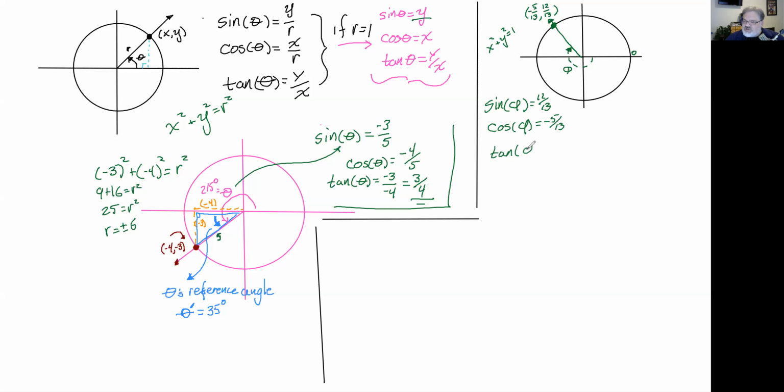The tangent will be a little bit more fun here because the tangent's going to be that y over x, so 12/13 over negative 5/13. But the nice thing, multiply by 13 over 13, that's going to naturally reduce to 12 over negative 5, or negative 12/5.